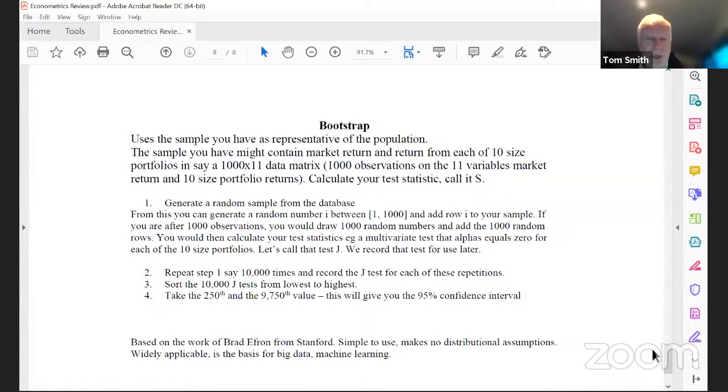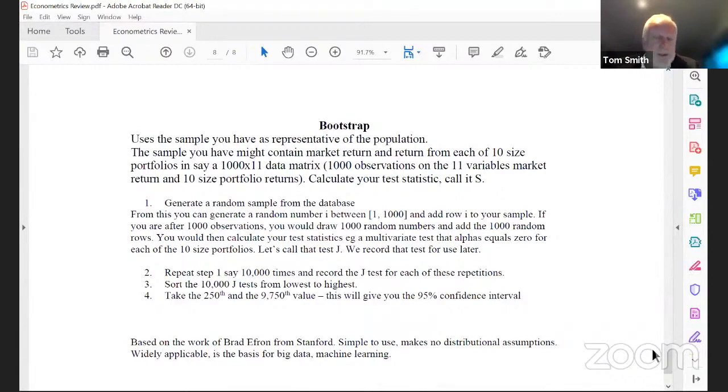Then I draw another random number and pick out the corresponding row. In fact, if I wanted 1,000 observations, I'd draw 1,000 random numbers, with replacement, and I'd add that row. So then I have a bootstrap sample of 1,000 observations that I drew from the actual sample data. Then I calculate the test statistic, and it might be whether the alpha is equal to 0. And then I record that test for use later.